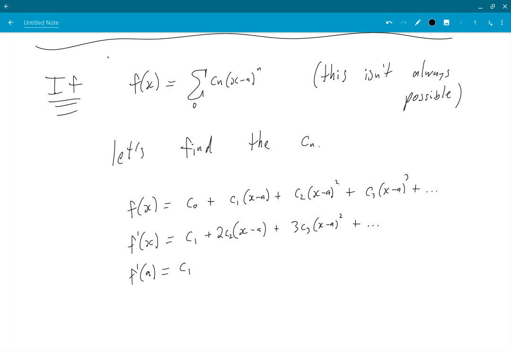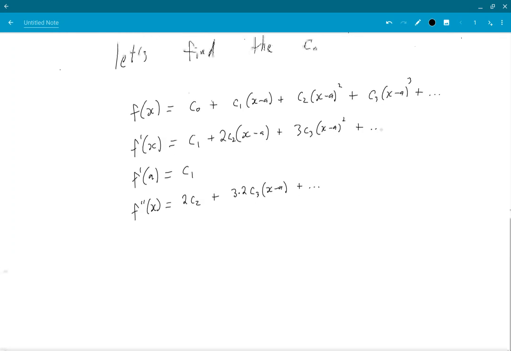Next, f double prime of x is 2C2 plus 3 times 2 C3 (x minus a) plus dot dot dot.